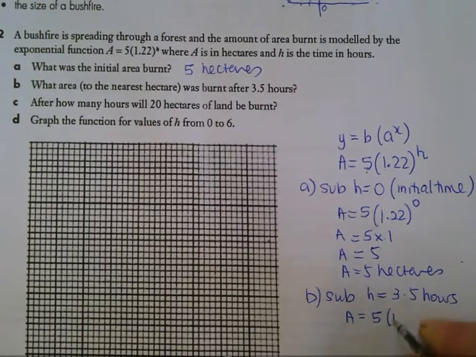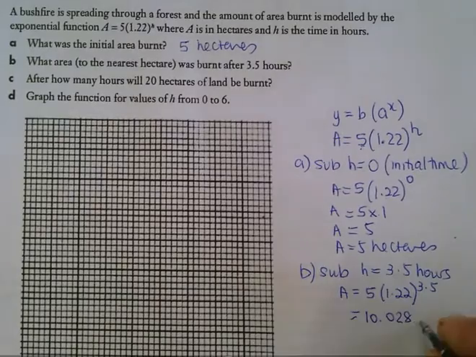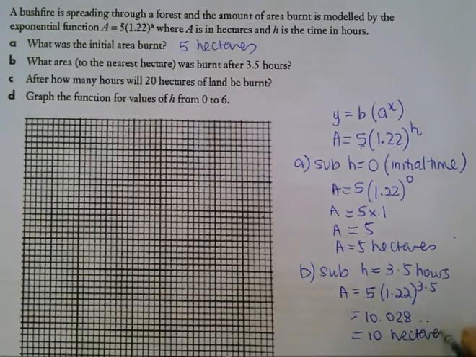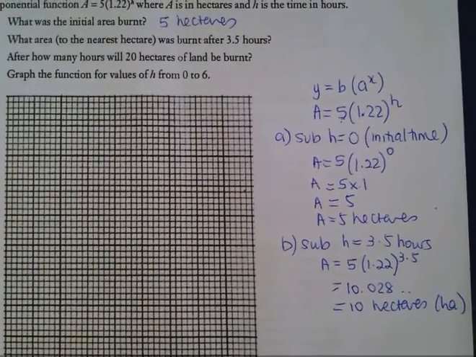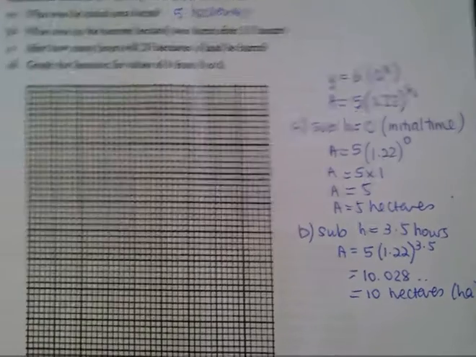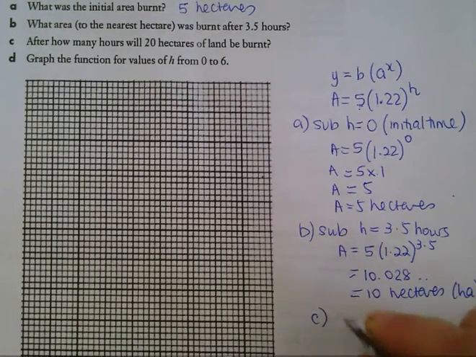So A equals 5 times 1.22 to the power of h, which in this case is 3.5. To the nearest hectare, that's 10 hectares, or ha. So 10.028 to the nearest hectare is 10 hectares. Question C, after how many hours will 20 hectares of land be burnt?